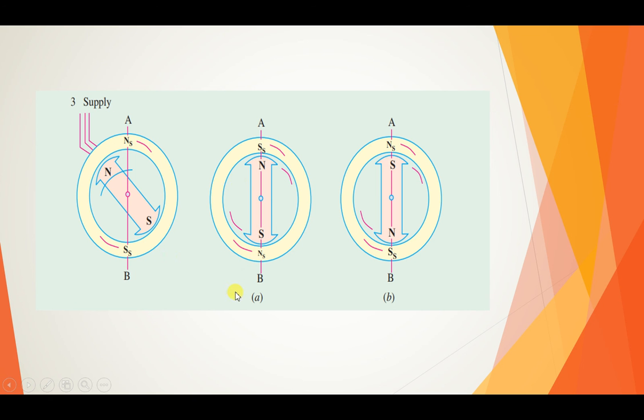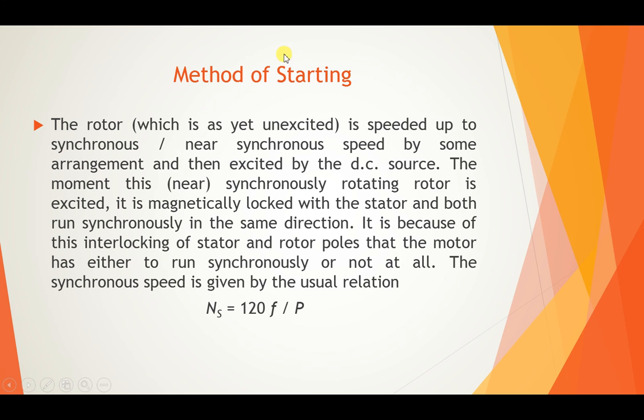So in order to start it, we need a mechanism, we need an excitation to the rotor. Method of starting: the rotor, which is as yet unexcited, is speeded up to near synchronous speed by some arrangement and then excited by the DC source.